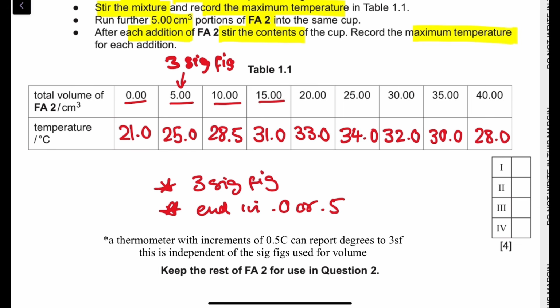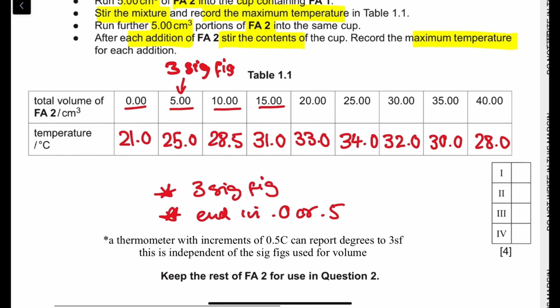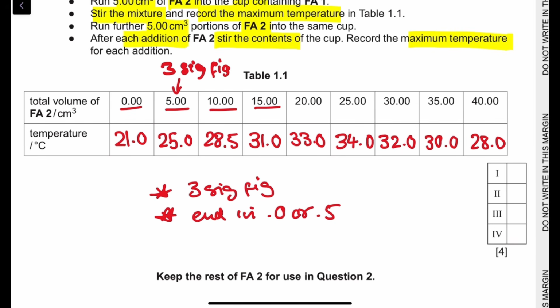This is because school lab thermometers measure either to 1 degree Celsius or every 0.5 degrees Celsius, and if we were to note down an estimate like 0.2 or 0.4, that wouldn't be justified because we are simply guessing beyond the instrument's resolution.